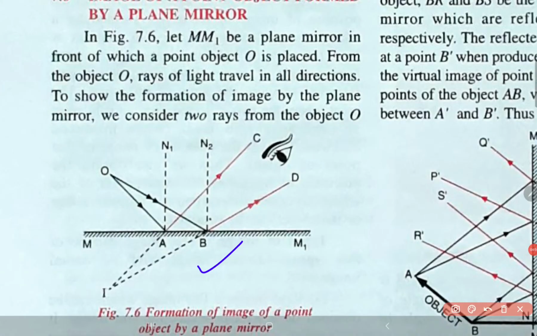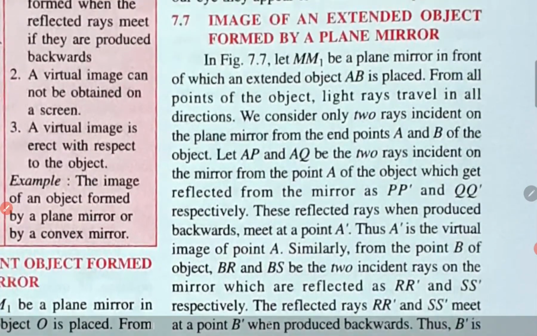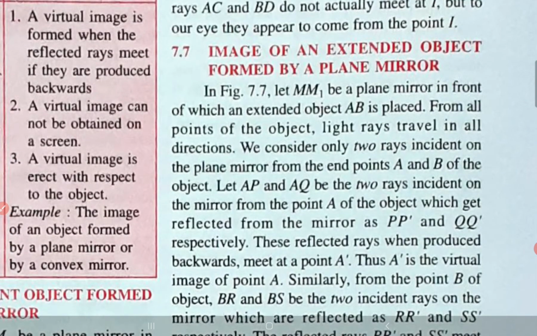Probably this particular drawing is understood. Let us try to understand the other topic, which is the image of an extended object formed by a plane mirror.